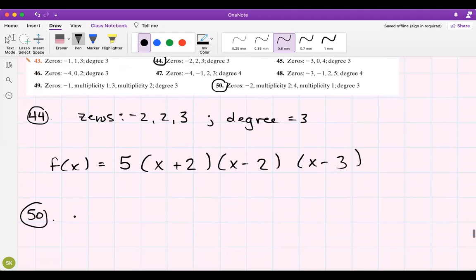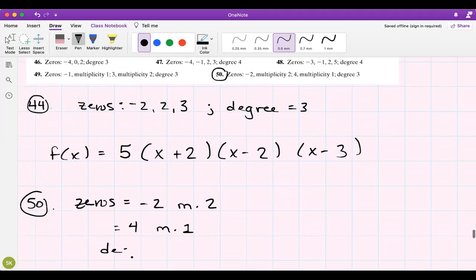We want the zeros to be -2, but with a multiplicity of 2. We want 4 to be a 0 with multiplicity 1, and we want the degree to be 3. So again, I'm going to write it in a factored form.